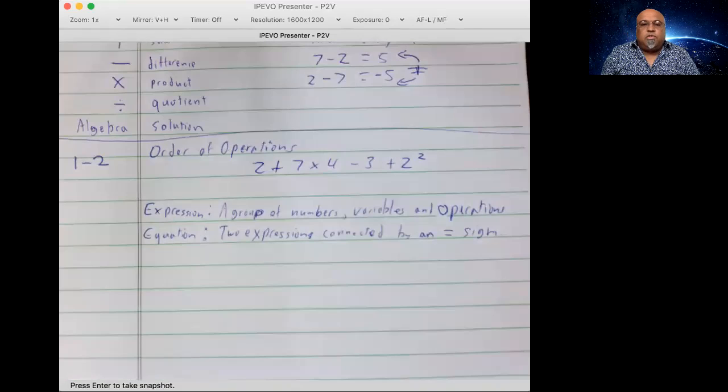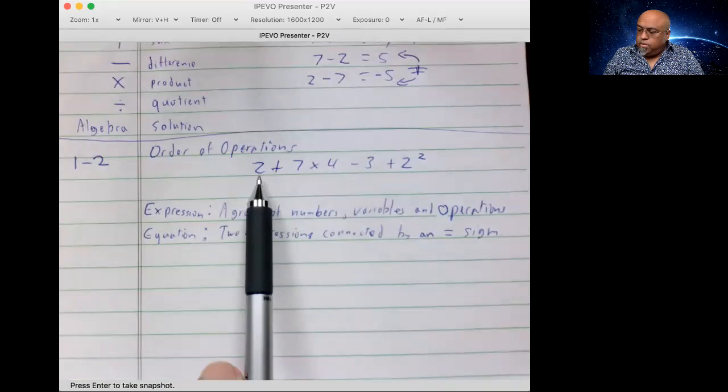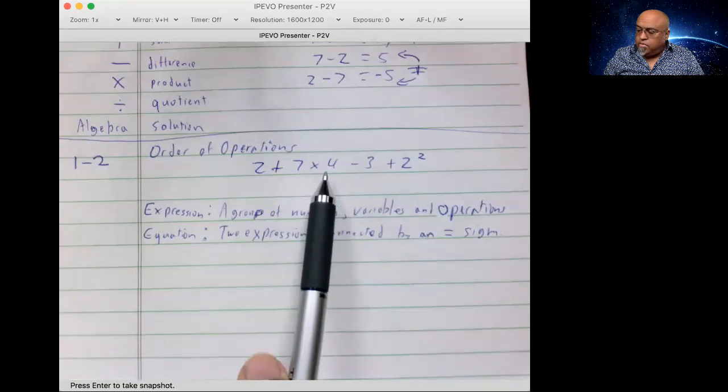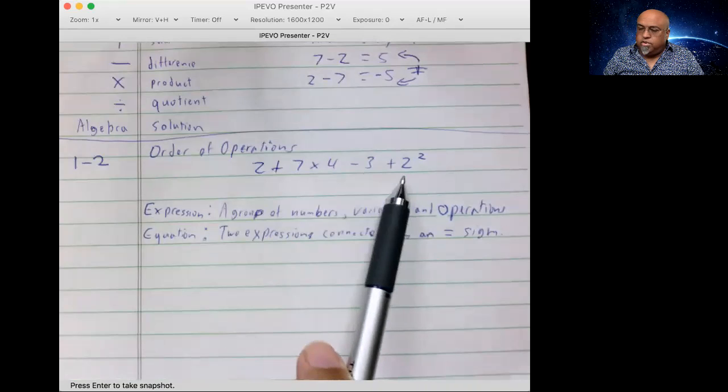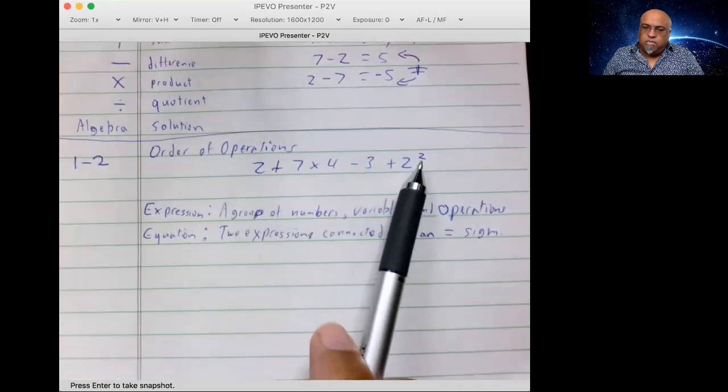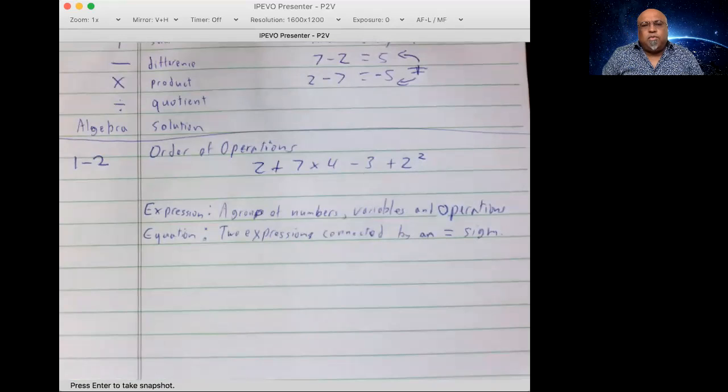Now, generally speaking, I look at this problem and I think, I have an expression and I want to do the answer to it from left to right. So I would say 2 plus 7, and then that answer times 4, and then that answer minus 3, and then that answer plus 2, and then everything to the power of 2. Problem is, if I do it the way I just said, I'm going to completely get it wrong. Okay? Order of operations says I must do certain things first.